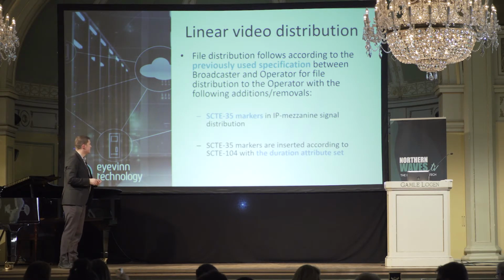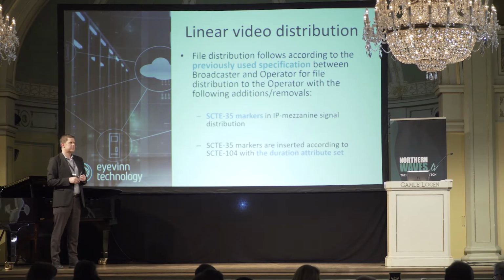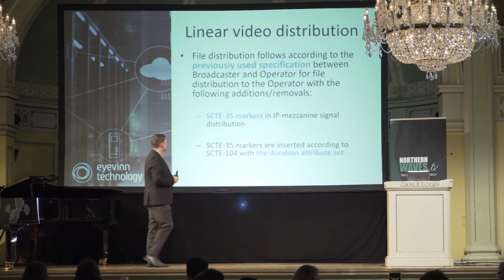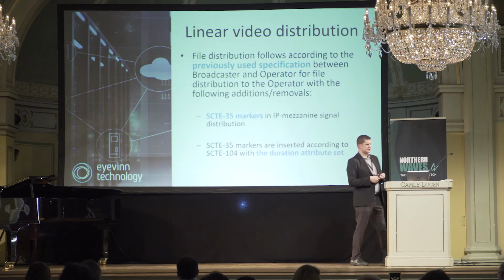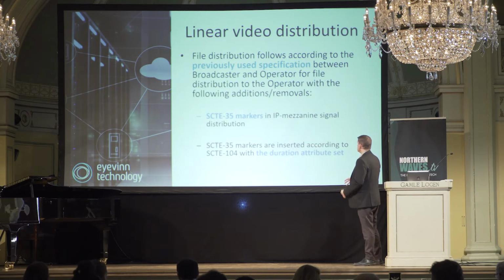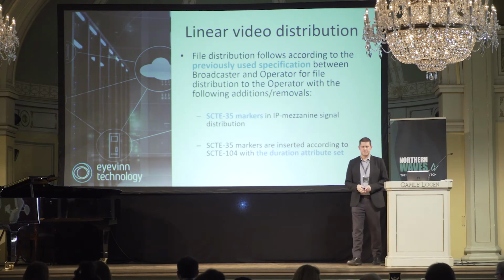The main difference with the feed that was coming from the broadcaster to the operator now compared to before is the use of the SCTE-35 markers in the mezzanine. This is the main difference from what was done before. And we have also specified that for the linear feed, there must be a duration sent.